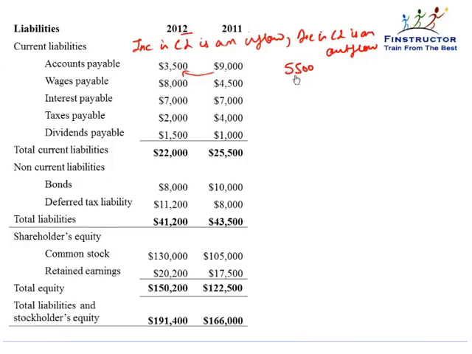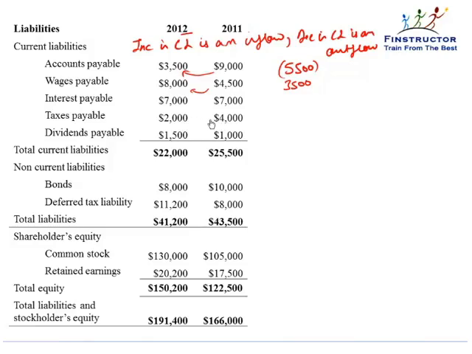So in 2012, we spent an additional $5,500 that will reduce my cash, or a decrease in a current liability is an outflow. Wages payable went up by $3,500. That means I did not pay $3,500 of cash that I'm representing as an expense in the income statement, or my cash will go up to this extent because it wasn't paid.